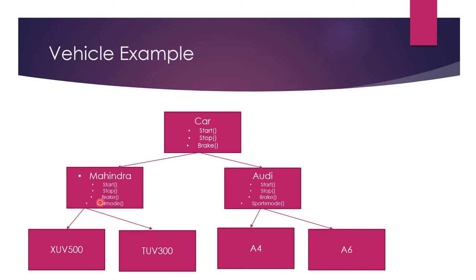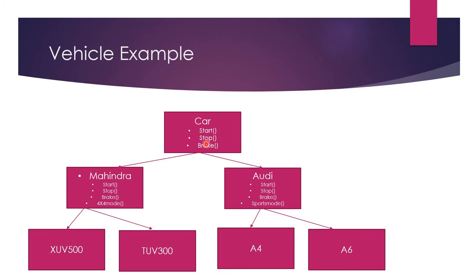Mahindra is generally famous, guys, for making trucks and 4x4 cars which can run on any terrain like hills, sands, and things like that, right? So I have put a method like 4x4 mode which is available only to Mahindra cars. And similarly in Audi we have a sports mode that is available only for the Audi group of cars.